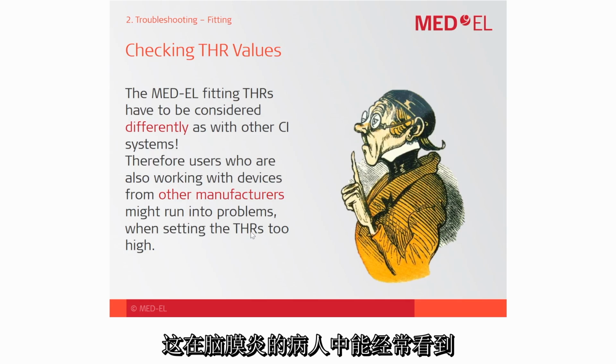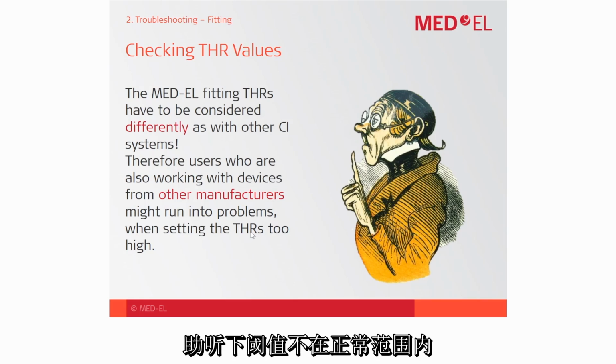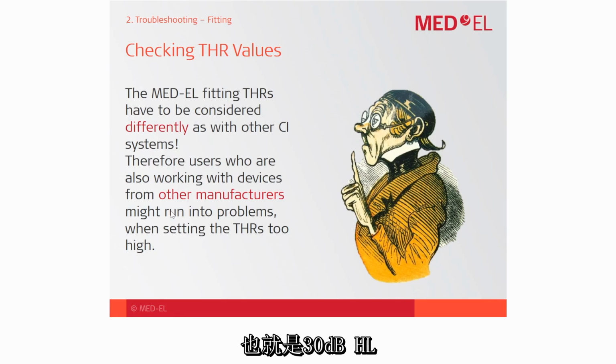This is typically observed when you are working with a meningitis case. In these cases, it could be that your AD thresholds are not within normal limits. Normal limits are typically around 30 dB HL.